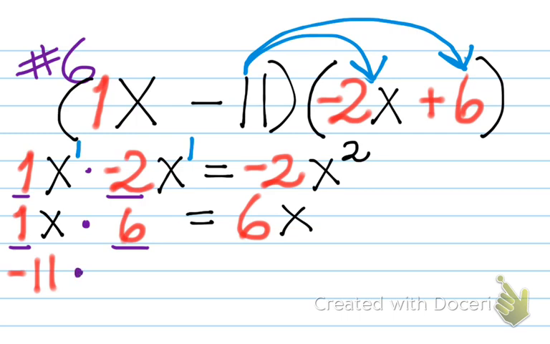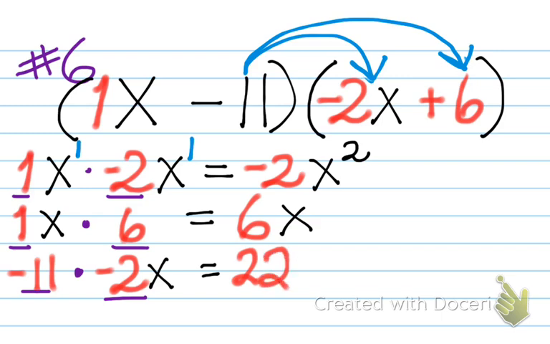Then we have to multiply that to our second polynomial, negative 2x. We proceed the same way. Multiply the coefficients together. Negative 11 times negative 2 is positive 22. And then we can't add the exponents because negative 11 has no variable part. So that letter just gets carried over.